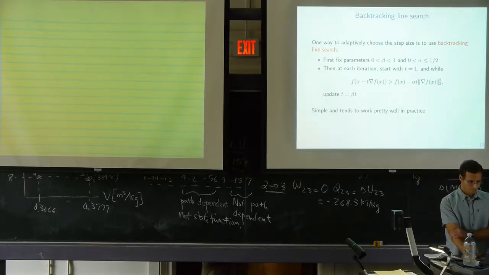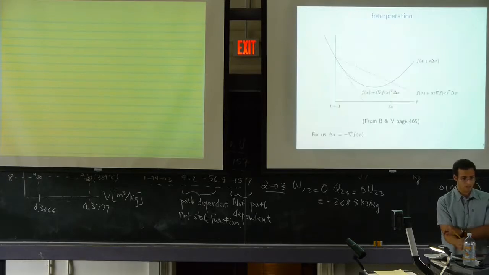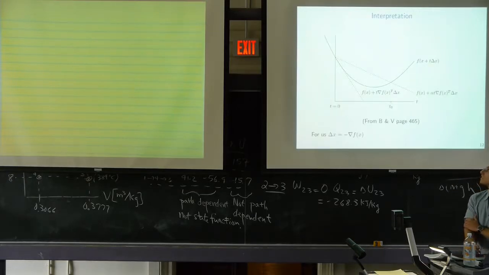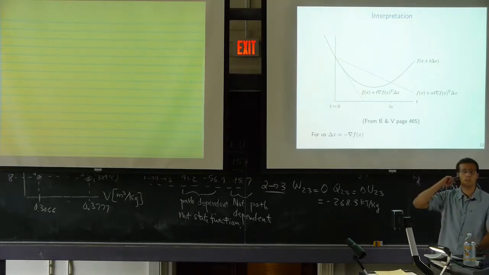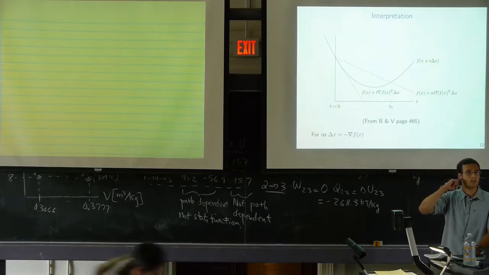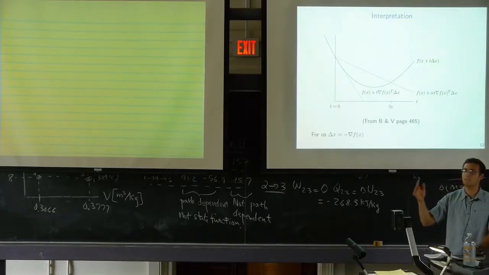Okay, so beta here and alpha, like I said, are parameters. Here is the picture we looked at. Beta is the multiplier that we use at every inner loop of this backtracking algorithm that we multiply by our step size if we don't meet the exit criterion.